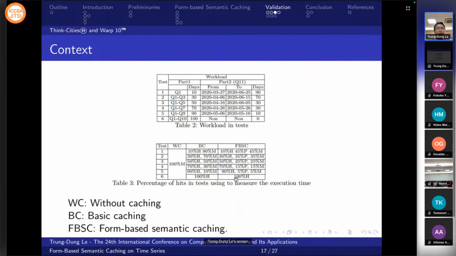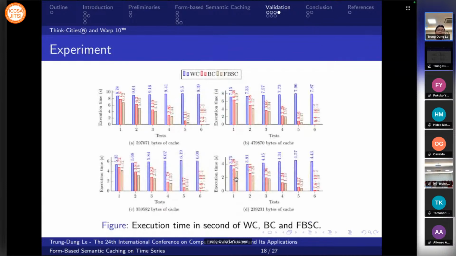With the experiment, we compare four cases. The first one is nearly 500,000 bytes of cache, then test 2, test 3, and test 4. You can see that with form-based semantic caching, the execution time is very small when compared to without caching or basic caching.